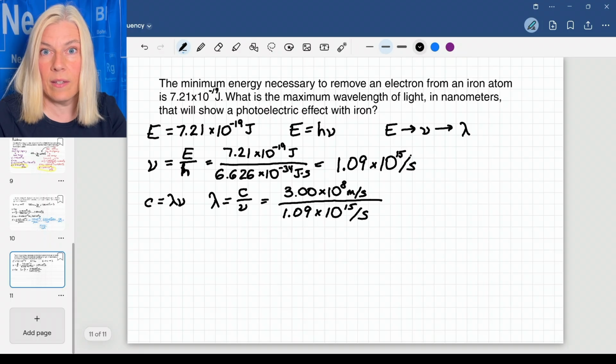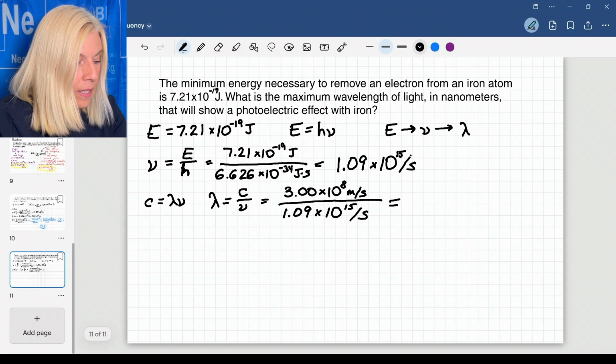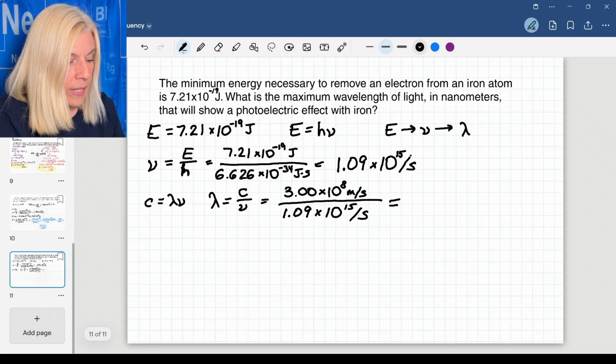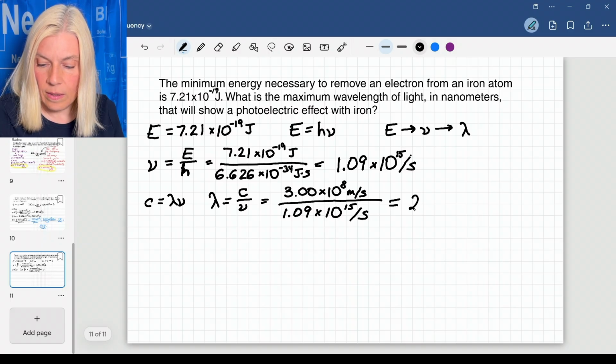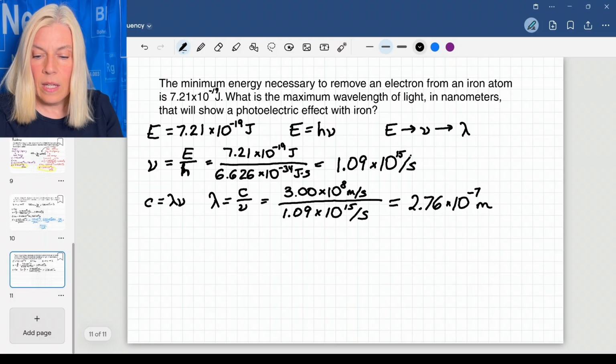So per second divided by per second will be 1, and I'm going to have meters, right? So I plug this into my calculator, and I'm going to get 2.76 times 10 to the negative 7 meters.